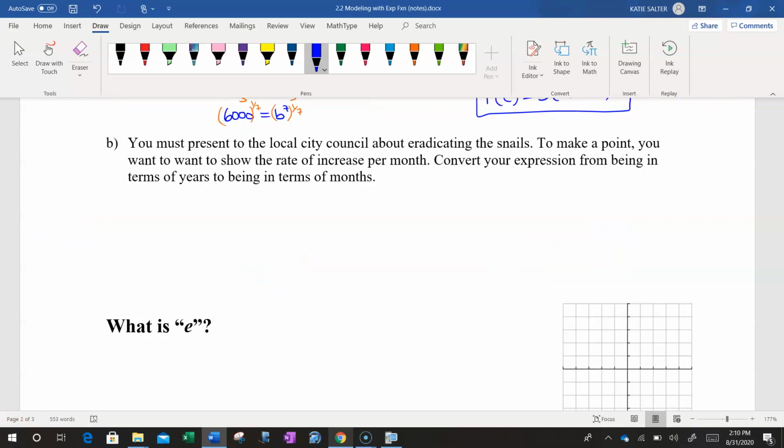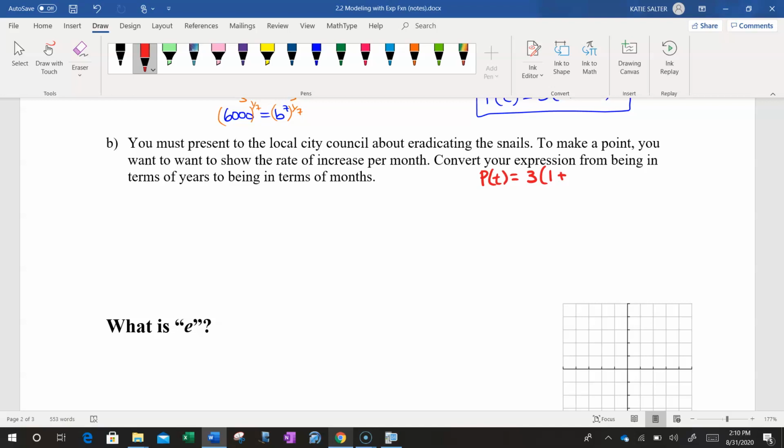Okay, so this is going to be a little bit weird, but if we take the formula we just wrote, which was P of t equals 3 times 3.465. Well, I need to break that up to be 1 plus so that I can get it back into that formula 1 plus r over n.